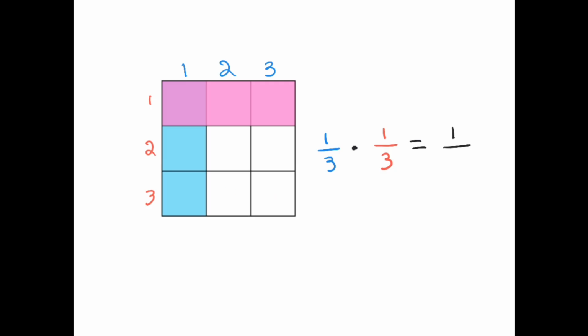So our denominator is 9. So the multiplication sentence that matches this model is 1/3 times 1/3 equals 1/9. You can also verify your answer by doing 1 times 1, which is 1. Then doing 3 times 3, which is 9.